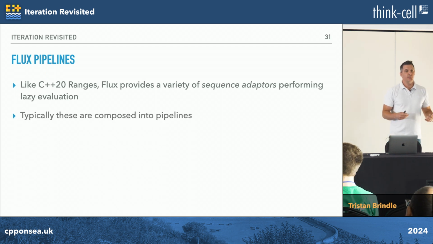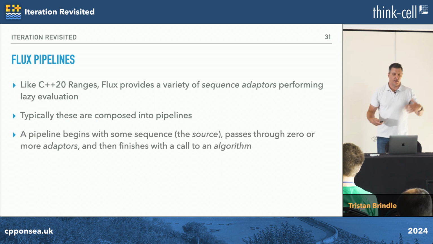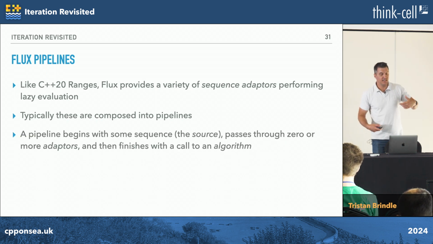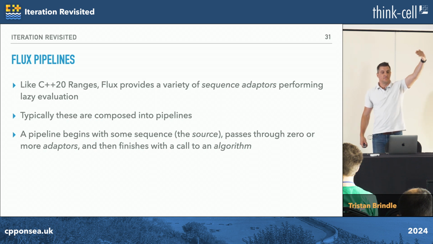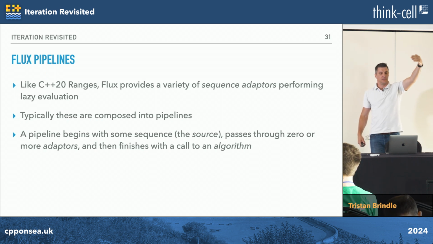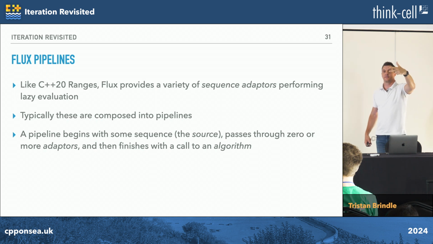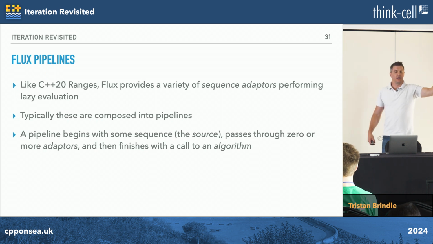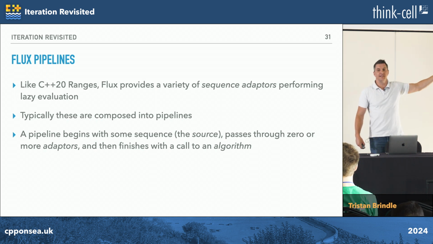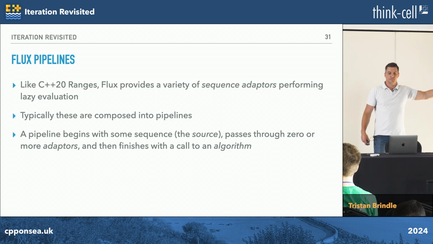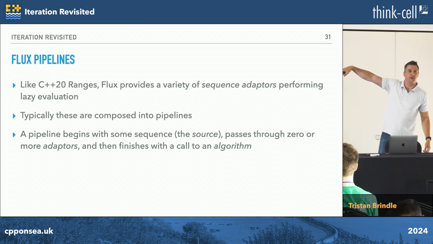And again, in the same way, we typically compose these into pipelines. A pipeline begins with some sequence object, called the source, and then we pass it through zero or more adapters, and then finally we call some algorithm on that adapted sequence. Now this algorithm might be one of those algorithms we saw on the last slide, one of the named algorithms in Flux.